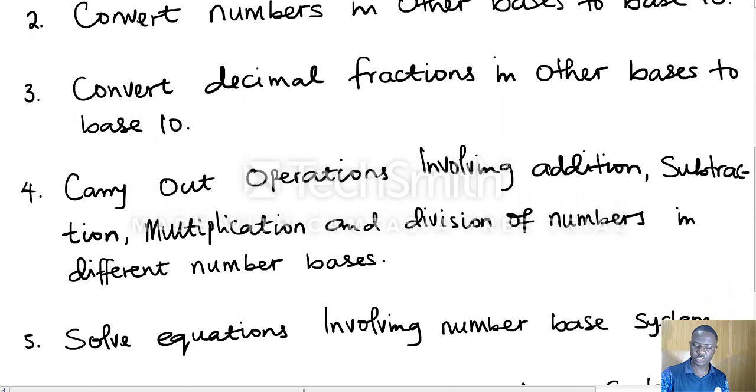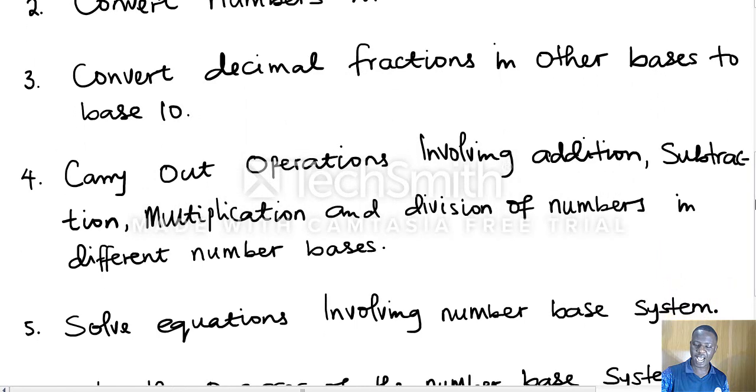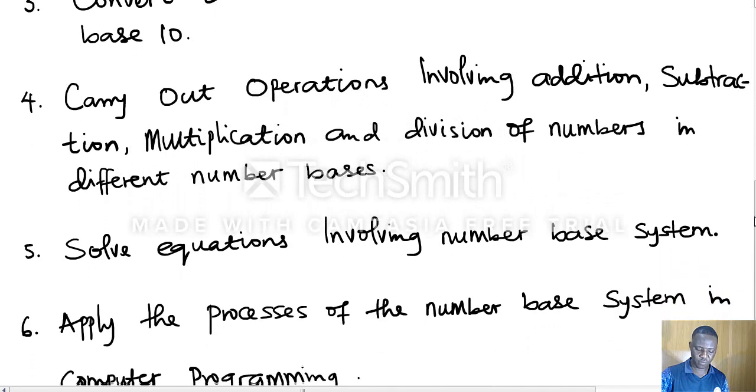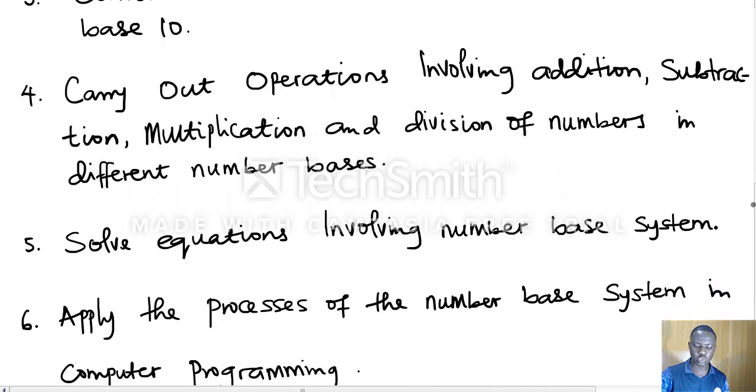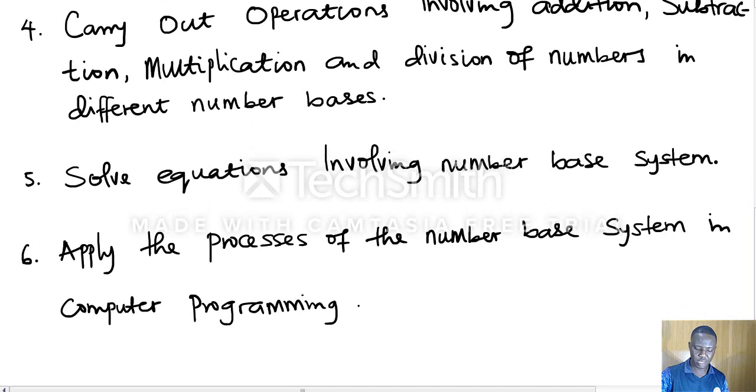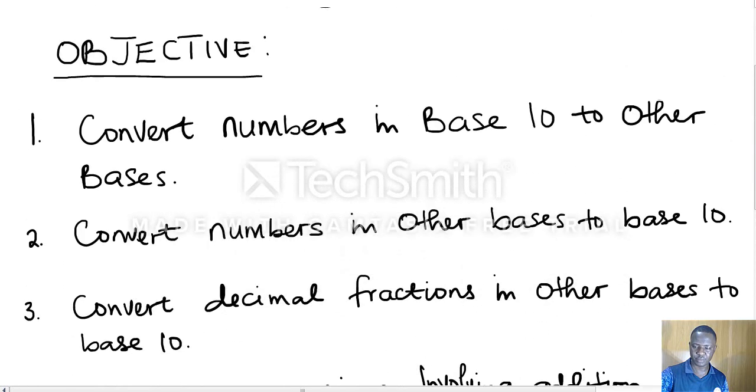Carry out operations involving addition, subtraction, multiplication, and division of numbers in different number bases. 5. We also learn how to solve equations involving number base systems. And 6. To apply the processes of the number base system in computer programming.